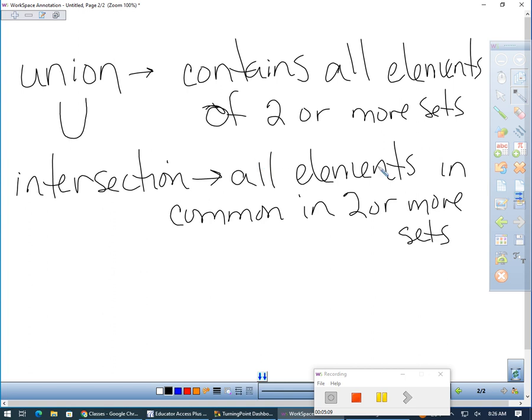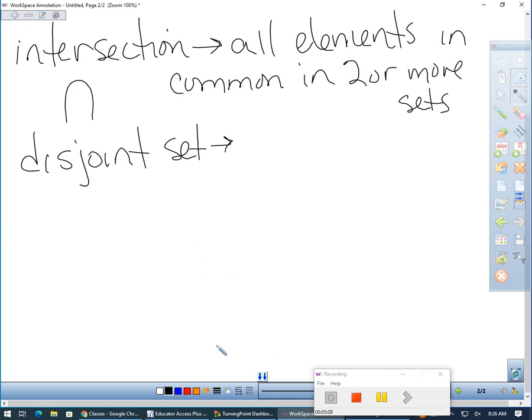For an intersection, we do an upside down U. It's not really an N because it doesn't have the little tail to start with, but it's just the upside down U. It's the intersection. So between the two sets, it's what number is in both of them, or what letters are in both of them. Disjoint. A disjoint set has no elements in common.